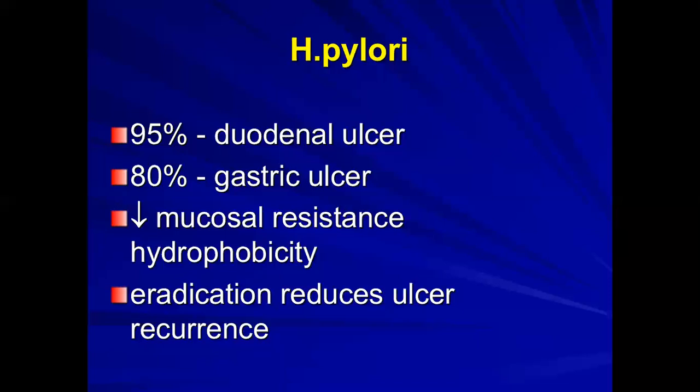A few words regarding the diagnosis of H. pylori. H. pylori can be diagnosed with 95% sensitivity with the urea breath test, and you can use the stool H. pylori antigen test or endoscopic mucosal biopsy.